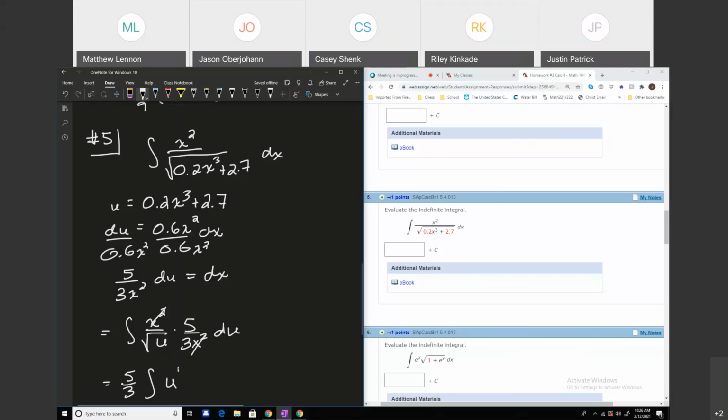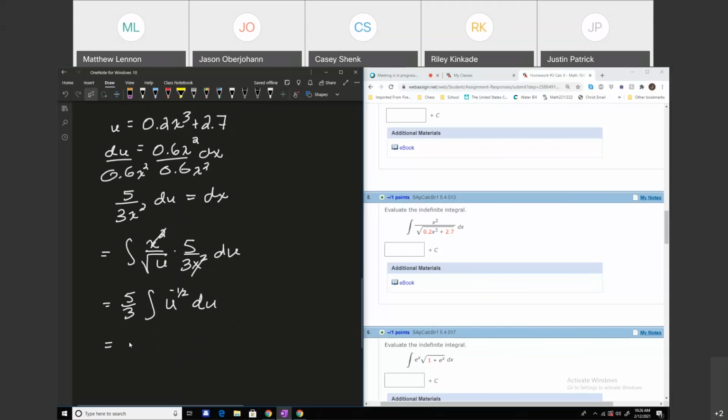The 1/2 because it's a radical, and the negative because it's in the denominator. So when you add 1 to the power, you're going to get 1/2 as the exponent, and then you're going to have to multiply by the reciprocal of the exponent, which is 2 over 1. So we're going to get 5 over 3 times 2 over 1, u to the 1/2, plus a constant, which is 10/3 times the square root of 0.2 x cubed plus 2.7, and then plus a constant.